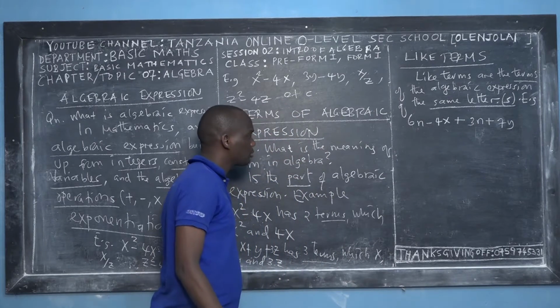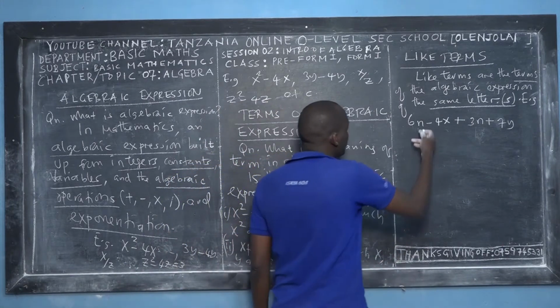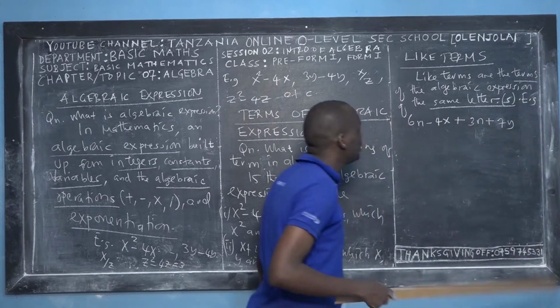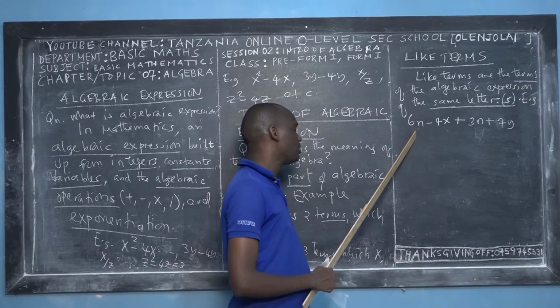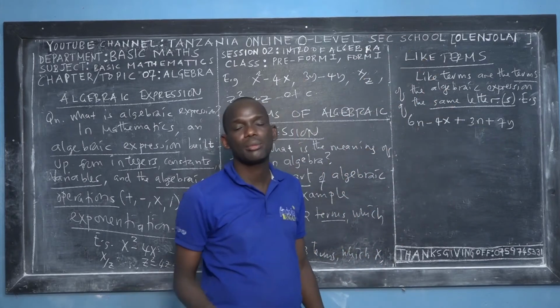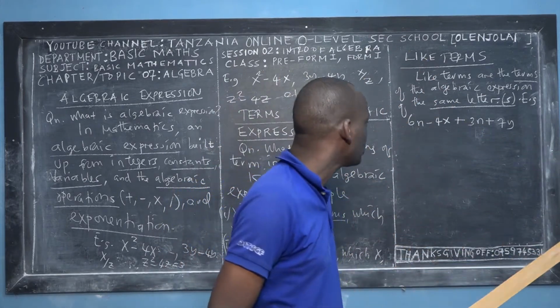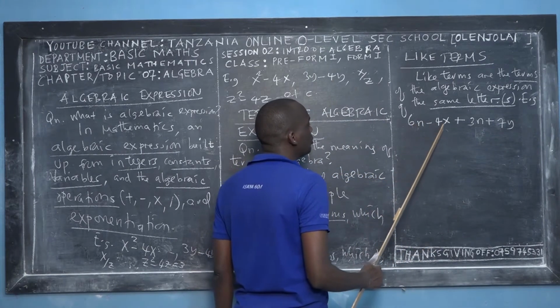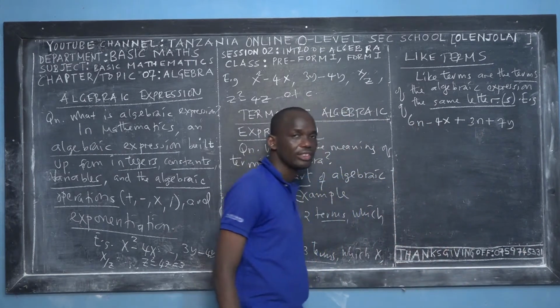So examine that expression. This we call the algebraic expression. All of it from 6n to 7y we call an algebraic expression. How many terms does it have? 4 terms: 1, 2, 3, 4. So it has 4 terms, right?